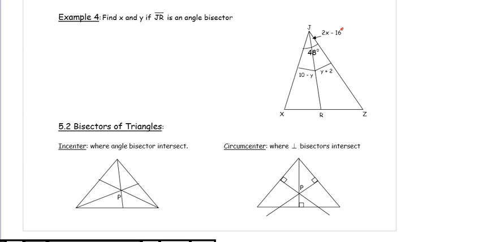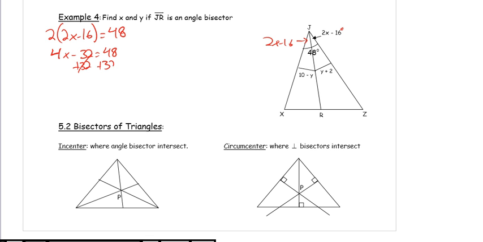So to find x, we're going to have two of those equals 48, because each one is 2x minus 16. The other side is also 2x minus 16. And we're going to distribute now. So we get 4x minus 32 equals 48.